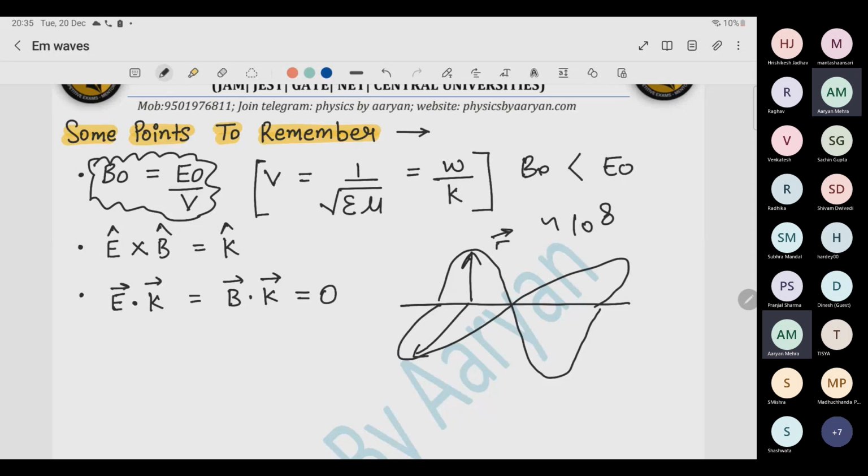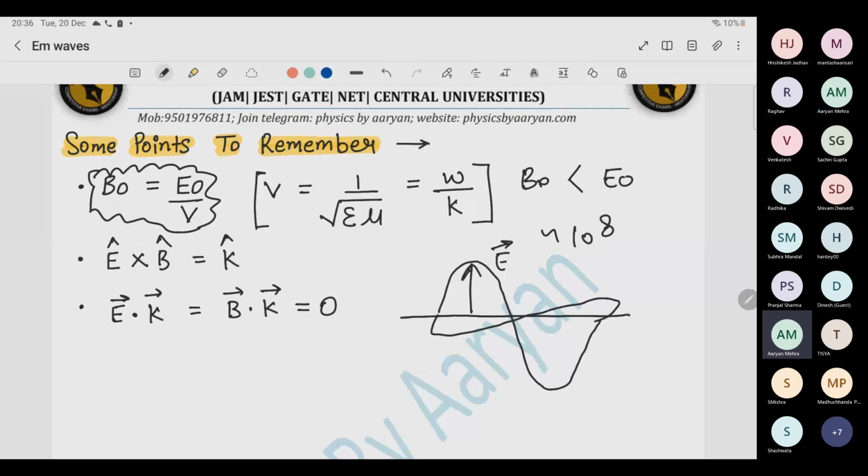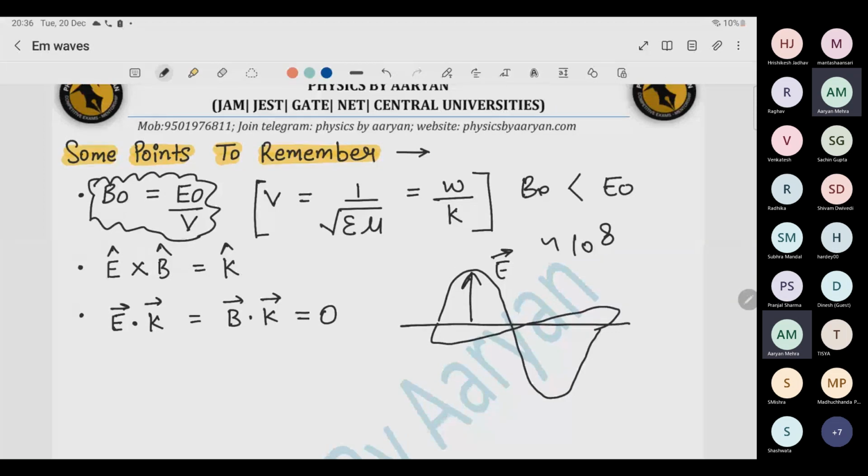If this is the amplitude of the electric field, B should be something like this, 10 raised to 8 times smaller. So always remember this, and you can easily check that B naught is E naught by v. We have already seen v is 1 by root of epsilon naught mu naught, or omega by k.